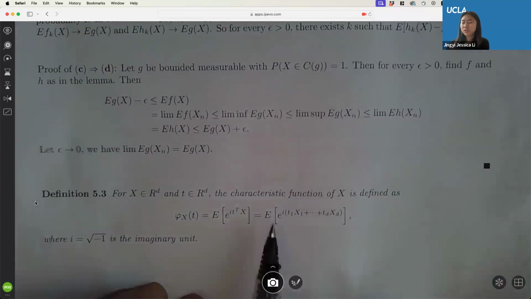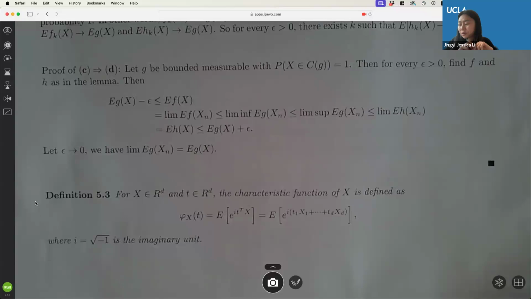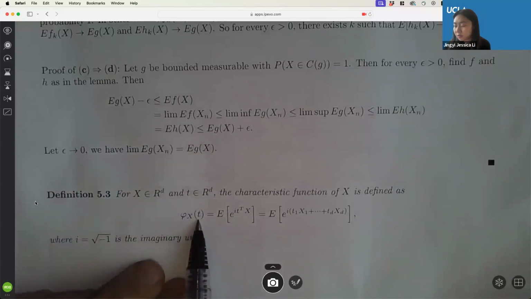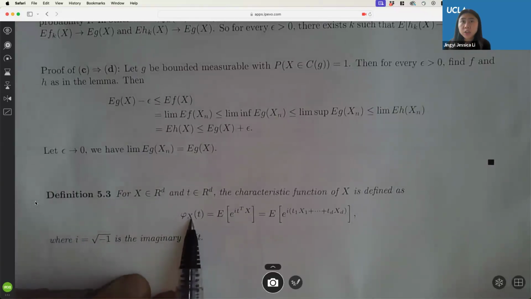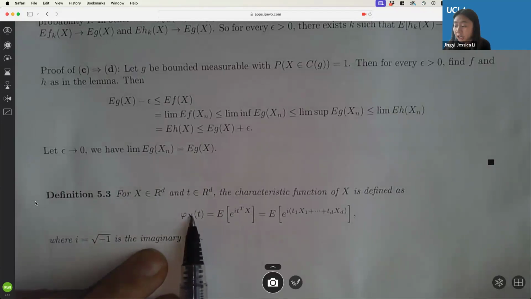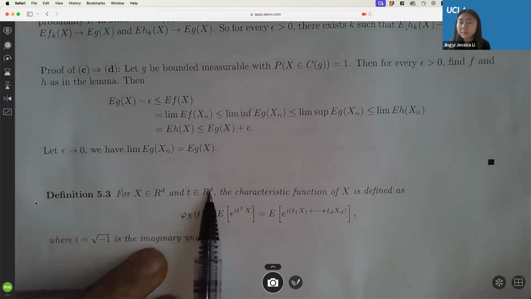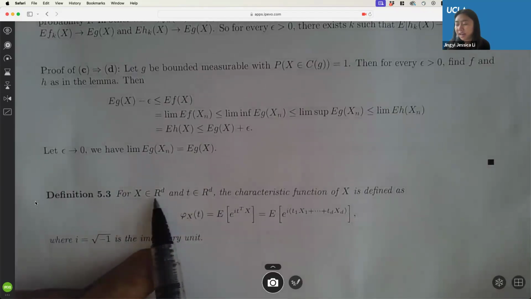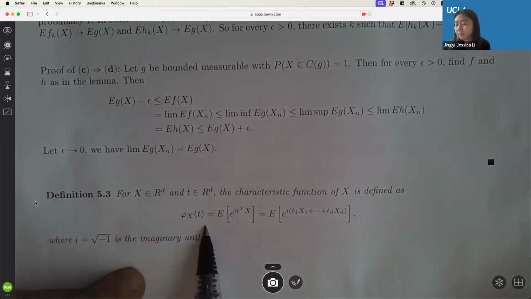This is the characteristic function definition, because we need this definition to be able to show the theorem where characteristic function convergence implies convergence in law. Okay, so this is the characteristic function. It can be defined for a random vector X, and its domain is also d-dimensional. The dimension is the same as the random vector dimension.